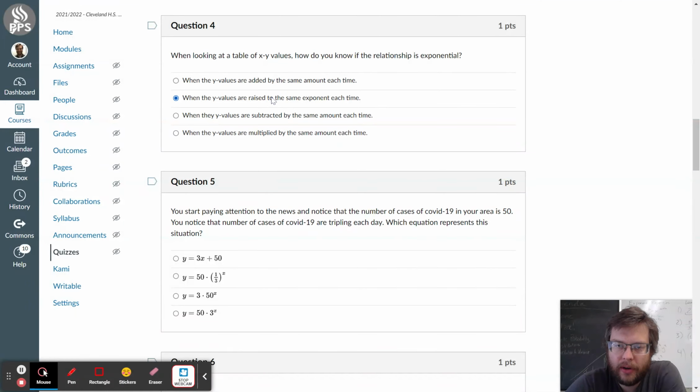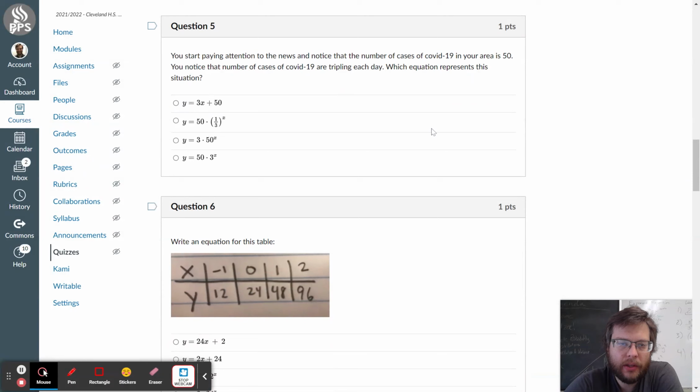It also would be kind of hard to tell what it means to be raised to the same exponent each time. Number 3, when the y values are subtracted by the same amount each time, no, that would be linear again. When the y values are multiplied by the same amount each time, that is what we mean by an exponential pattern. Each y value gets multiplied by the same amount to turn into the next y value.